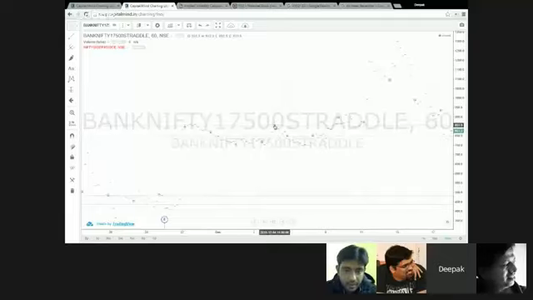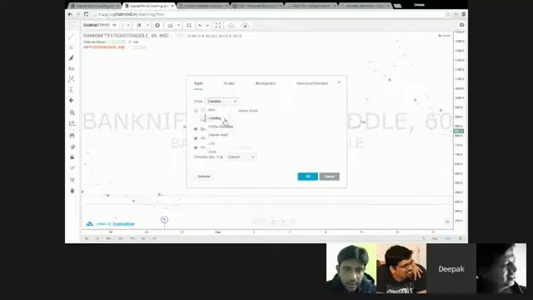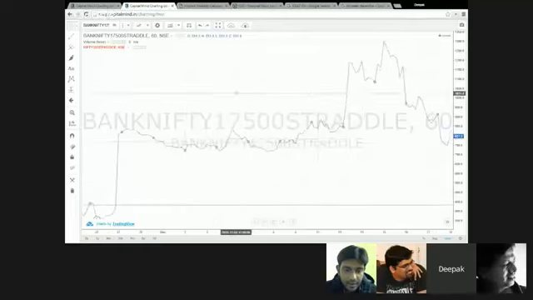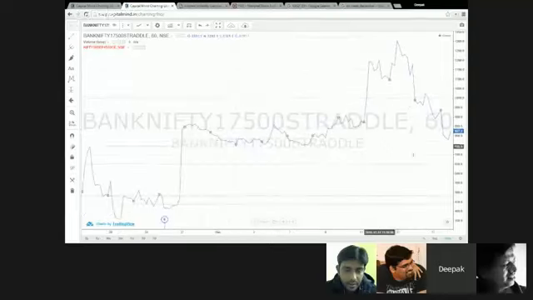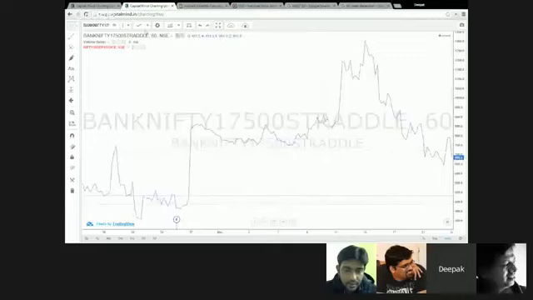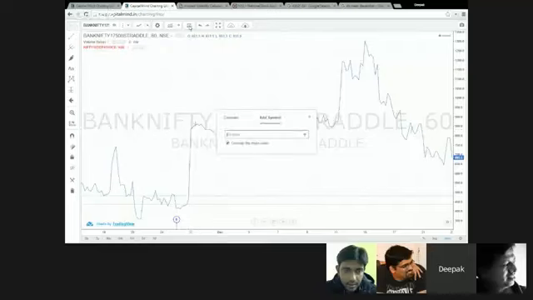I plotted everything, so let it be, because we're still in December. So this is the hourly for December, and the straddle at that time. Let me compare it with the Bank Nifty.